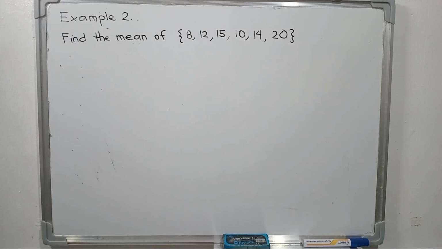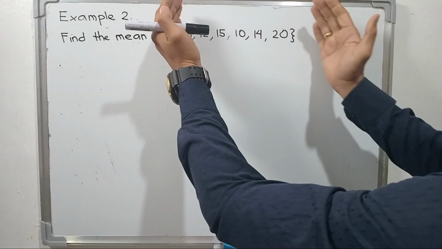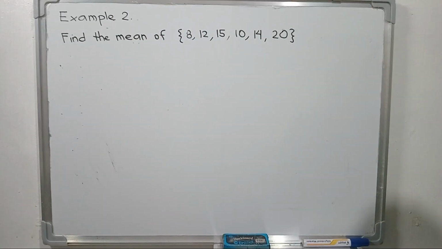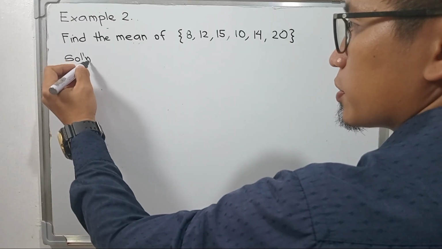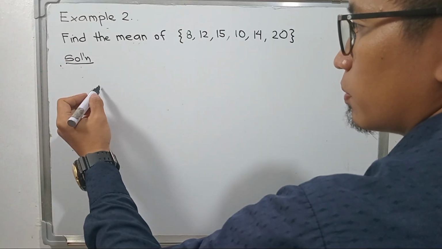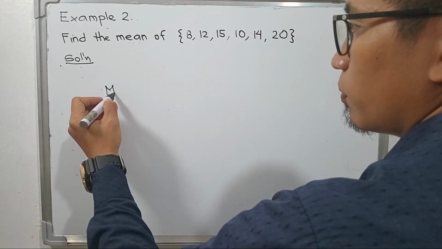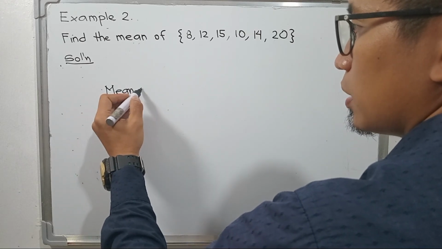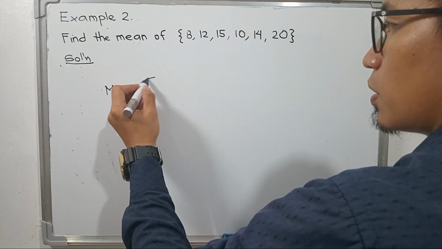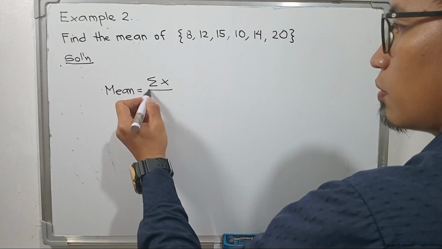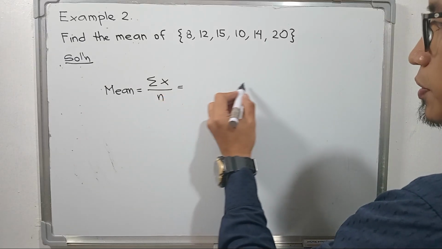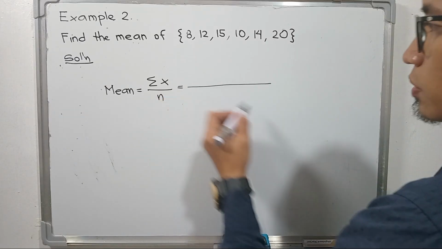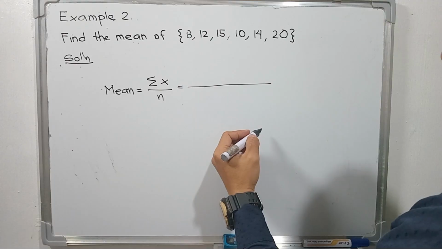Okay, let's have another example. Find the mean of this dataset. For our solution, the first thing that we would want to do is write our formula. Mean is equal to the summation of x over n. Again, the numerator simply tells us that we need to add all the values in our dataset.